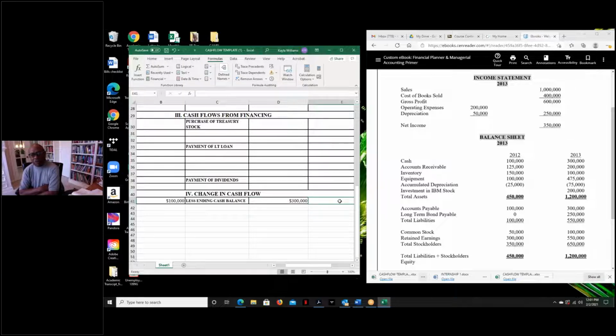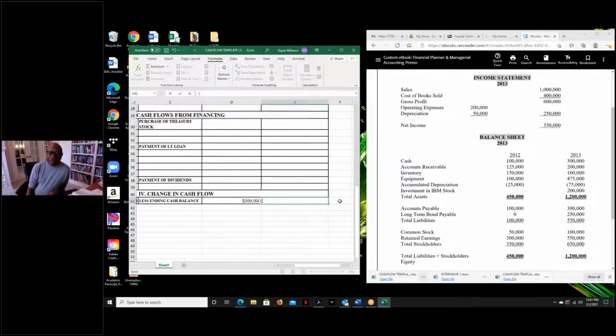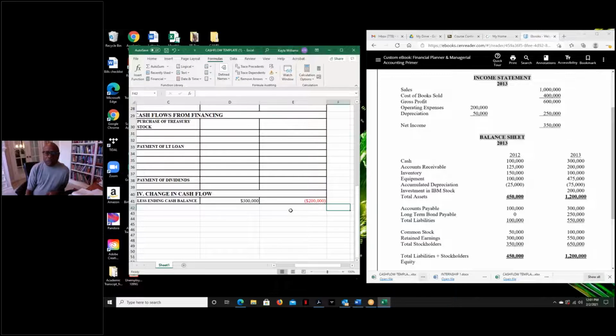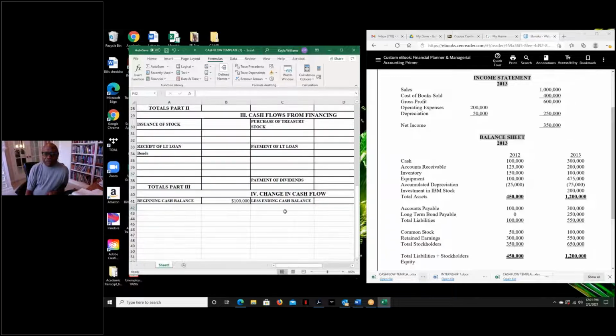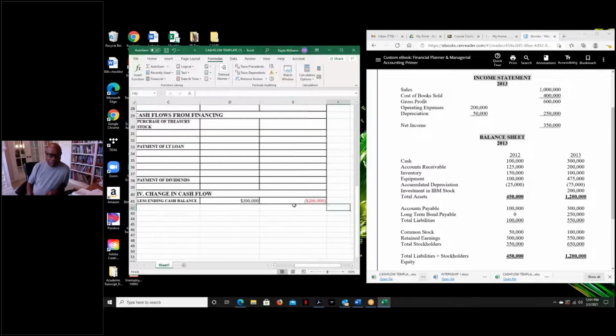So the difference should be plus, it went up. Oh, you're right. It did go up. So why does your template say less ending cash? You're just getting the change. Okay, so it's a positive change. My fault. Okay, there we go. We got our first thing done.